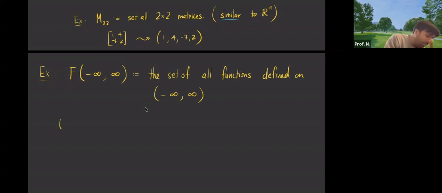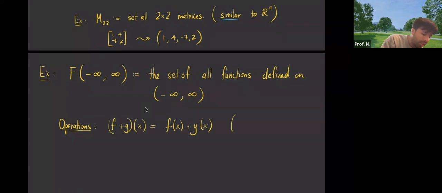And of course, what are the operations in this space? It is addition, but this addition is applied to functions. It's a function addition. So what you've seen before, f plus g of x, right? This is f of x plus g of x. This is the addition for functions.